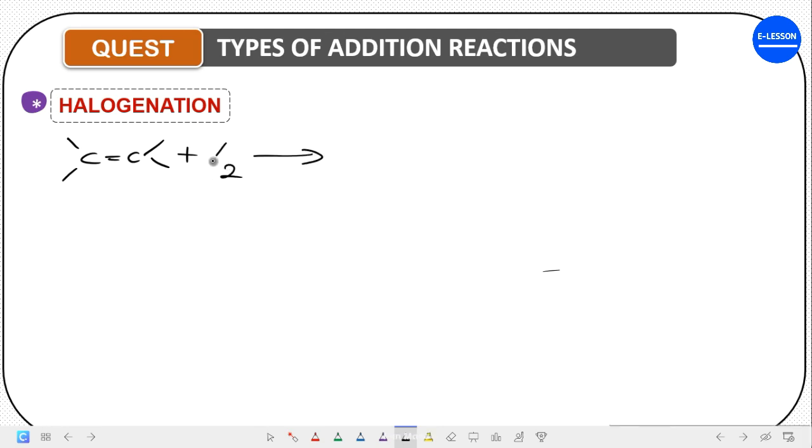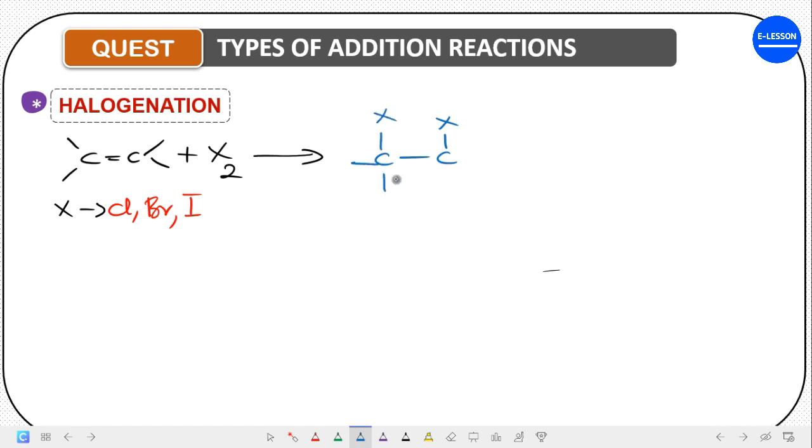These are halogens X, where X can be chlorine, bromine, or iodine. Okay, when they react, what do you think will be the product of the reaction? They're going to give us C, and then here is X, here becomes X, and then you have this bond like this. Are you getting it now? So that is what is obtainable.